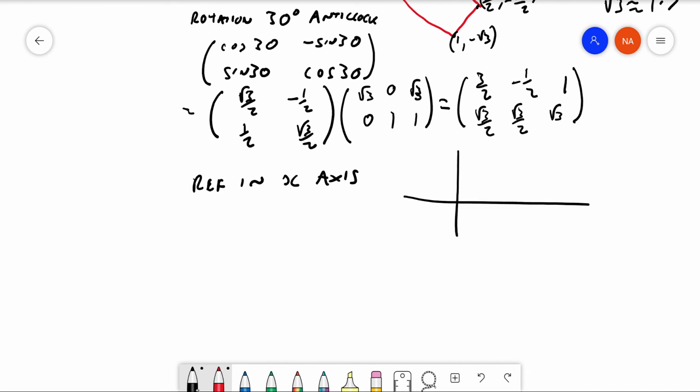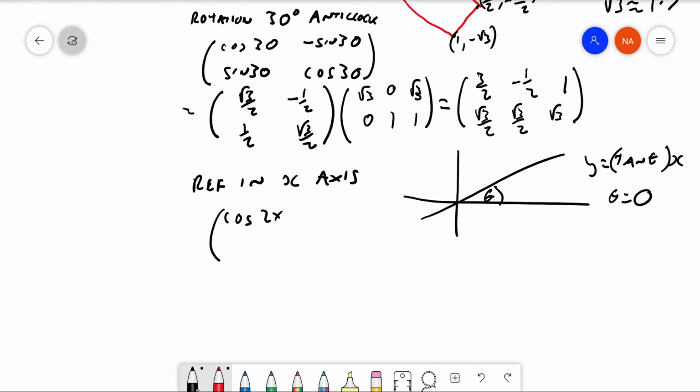Remember, for reflections, we have this where y equals tan theta x. That's the line we reflect in. But on the x-axis, theta is 0. So our matrix that does that will be cosine of 2 times 0, sine 2 times 0, because it's 2 thetas in the matrix, sine 2 times 0, cos 2 times 0.